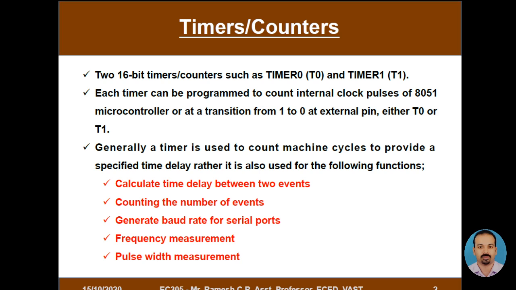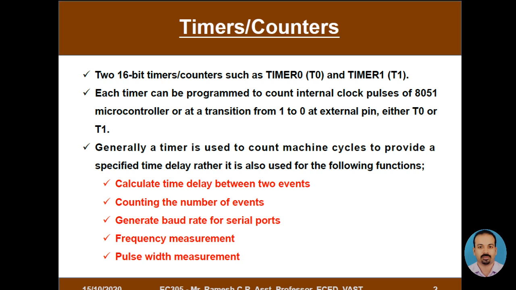Then you can use the same timer and counter module to generate the baud rate or the clock signal necessary for the serial communication module, that is the UART, present in the 8051. The same timer and counter can also be used for pulse width measurement as well as frequency measurement. So this is the overall picture of the timer and counter module.